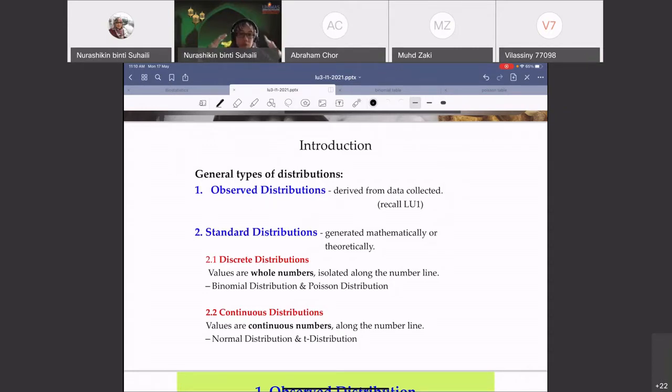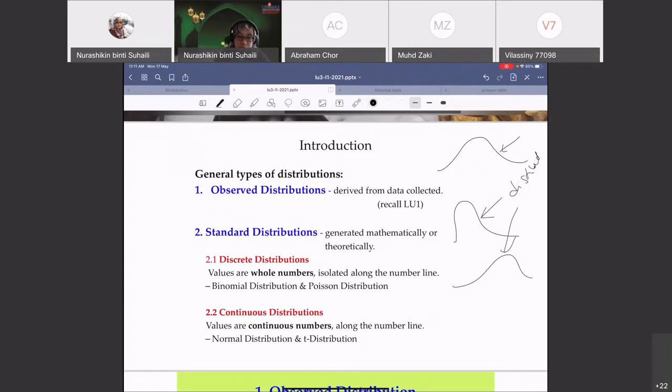But when we plot the whole view of the data, it can be like a bell curve, or something like this, or something like this. It depends on the data. This is what we call distribution.